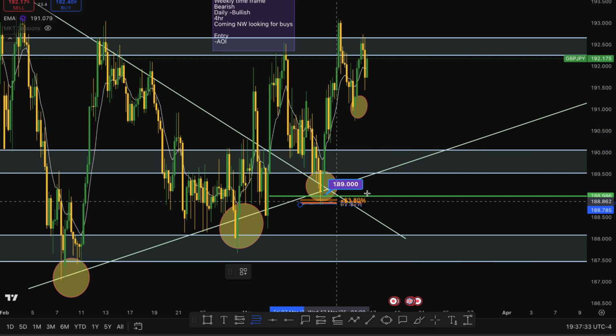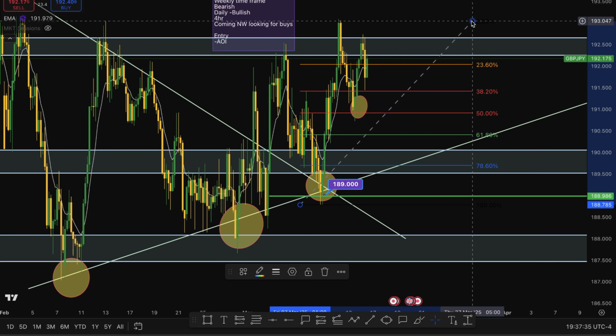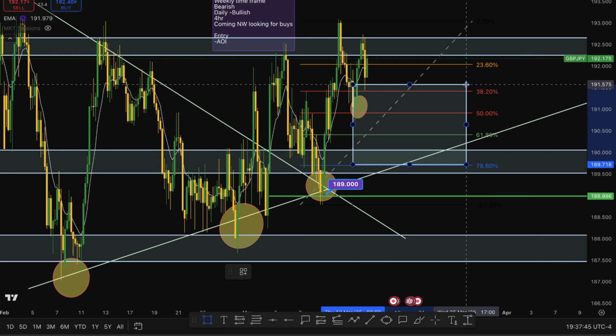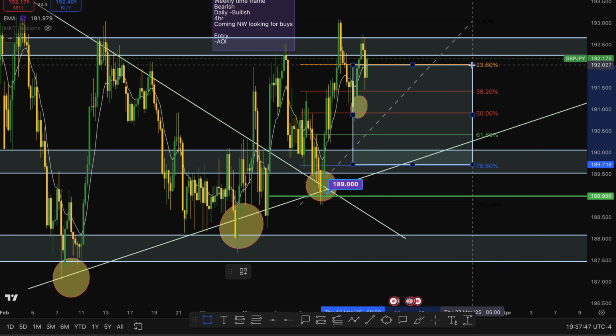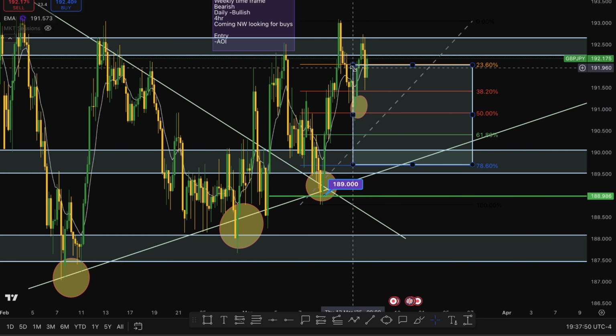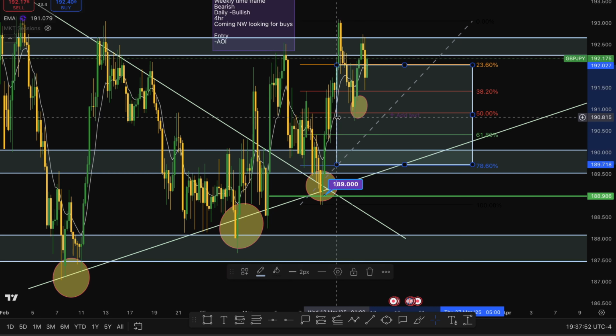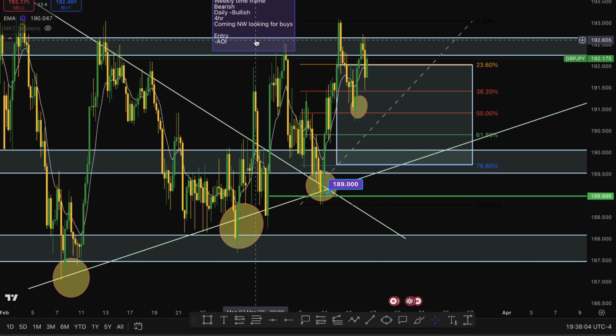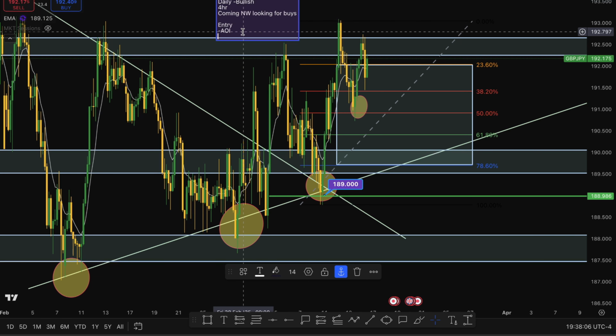Now I'm taking it from this previous low area to the most recent high, and as you can see, anywhere between these areas are considered to be valid areas of retracement, from 78.6 all the way to 23.6. Price has gotten into the 50% actually, as you can see just around here, wicked into the 50%, went all the way up. Now if it gives me a double bottom anywhere here, I'm taking the buy after a shift of structure. So my area of interest, let me just make note of that.